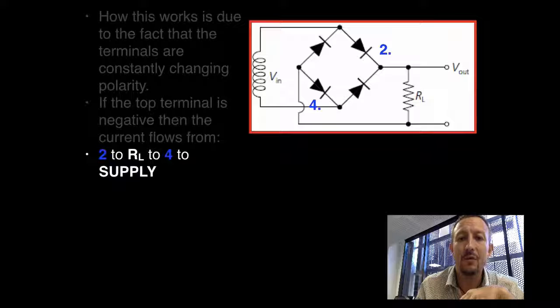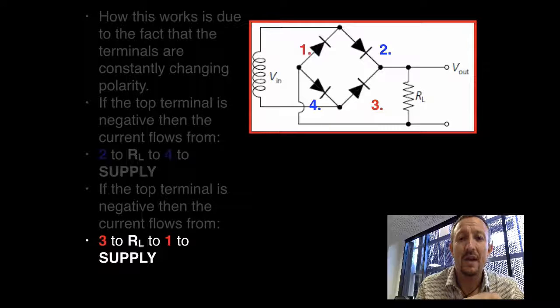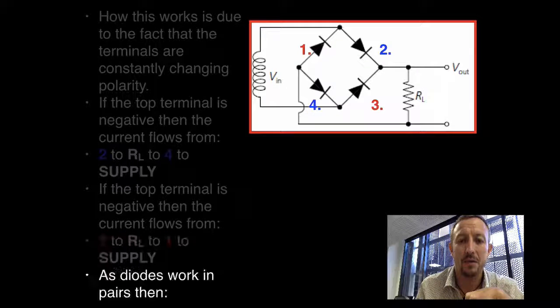So with diodes 2 and 4, if the top of the Vin is going to be negative, then the negative electrons will flow through diode number 2, flow down through RL, come back up and go in through diode number 4, and then go back to our Vin. Then when it swaps, going in the opposite direction, we get diode 3 having electricity flowing through it, goes through RL, drops up to diode number 1, and the result is it goes back to our supply.